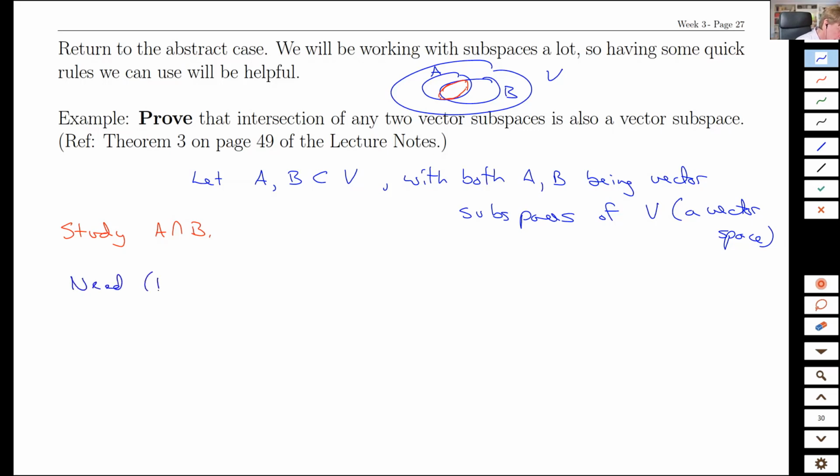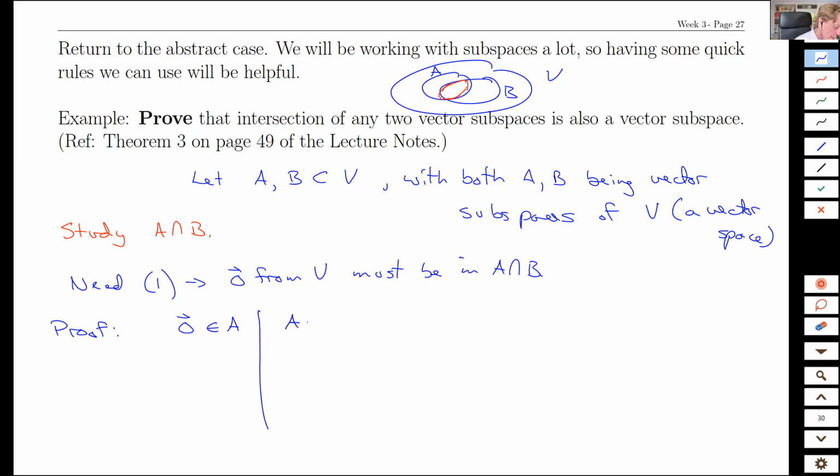We need one, the zero vector, the zero element from V must be in A intersection B. That's what we want to show. Proof. All right. The zero vector is in A. Why? Because A is a vector space. I'm just going to use VS for vector space or vector subspace. It actually has all the same criteria or same properties.